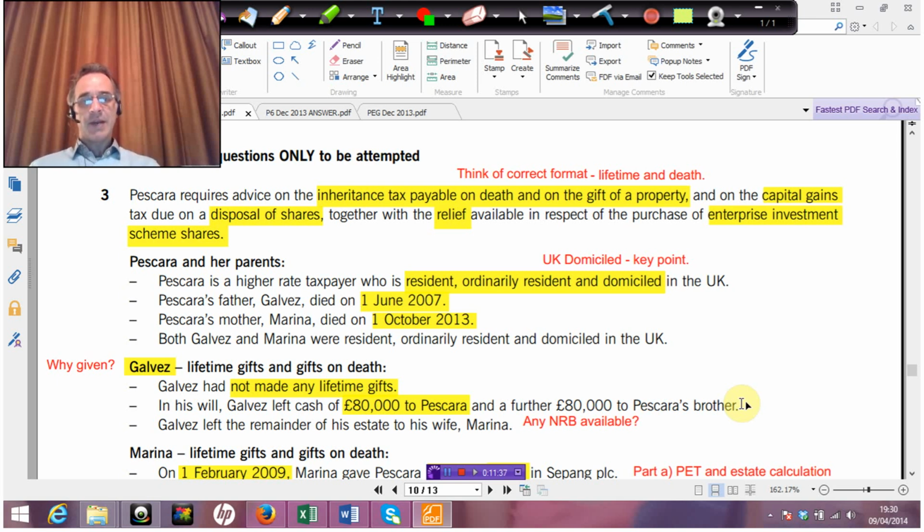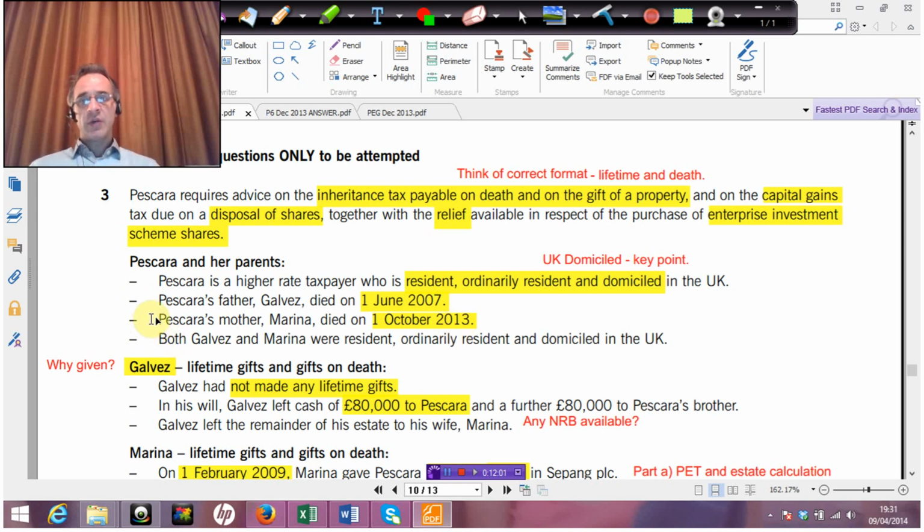So in terms of the usage of his nil rate band, all that he's using is 80 and 80. I can't remember the exact detail, but let's say it was 250. Then we take two lots of 80 off 250 and have the difference uplifted to current year levels, or to October 2013.